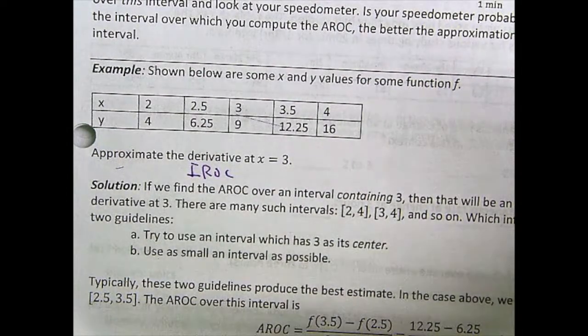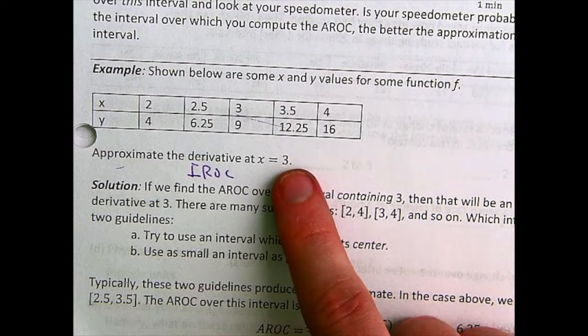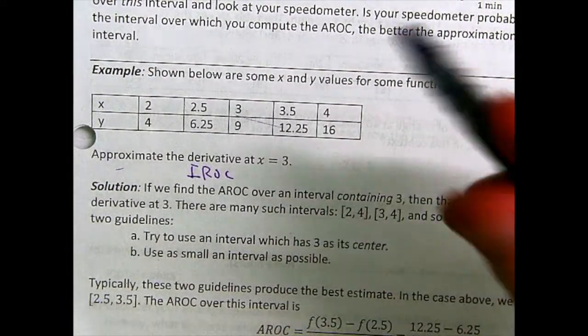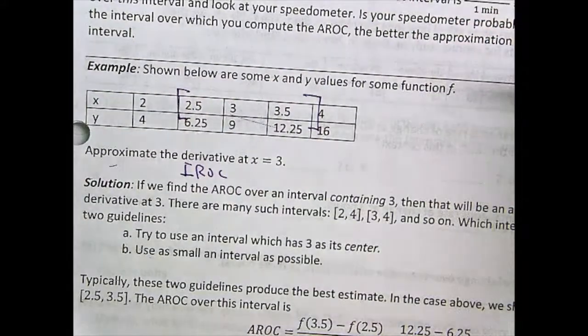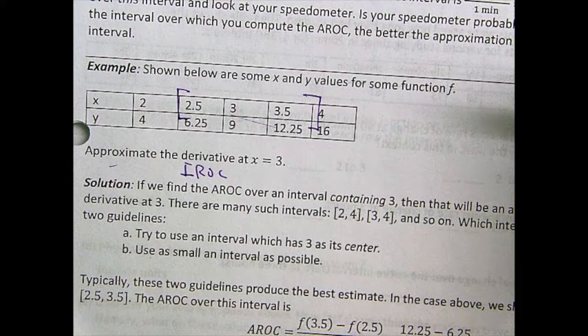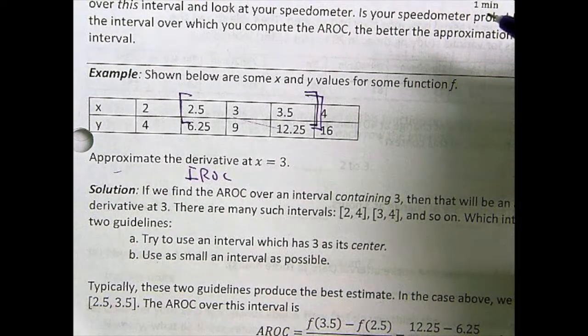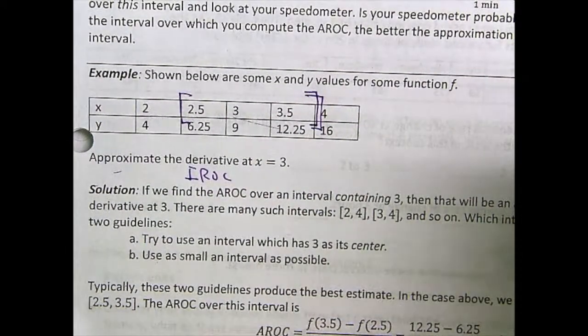Number one, if possible, you want 3 to be in the middle of your interval. And the other consideration is you want your interval to be as small as possible. So which interval should you use? The answer is you should be using this one, 2.5 to 3.5. So 3 is right in the middle of that interval, and it is as small as you can make it, right? You could make it bigger, but that would make things worse.